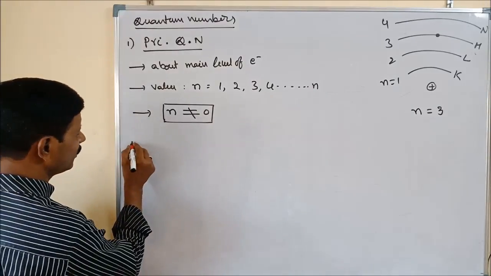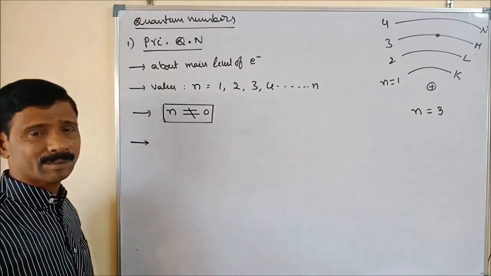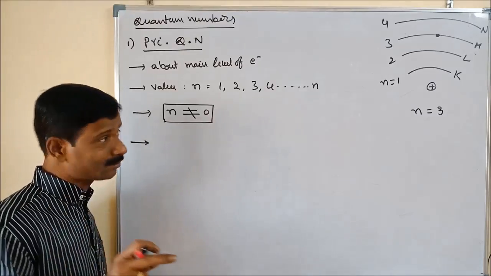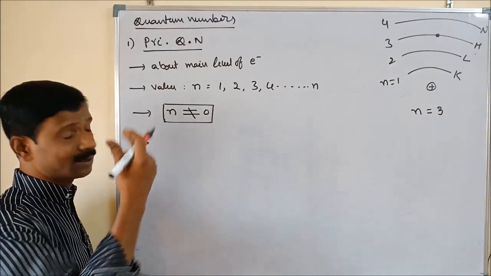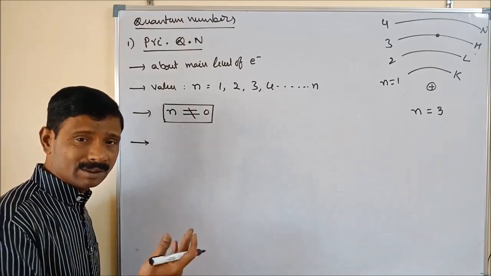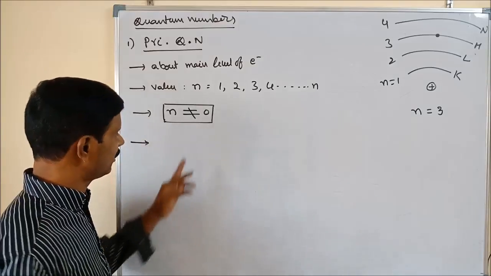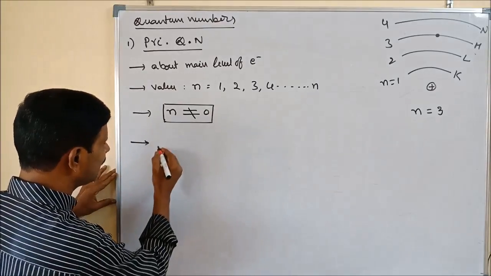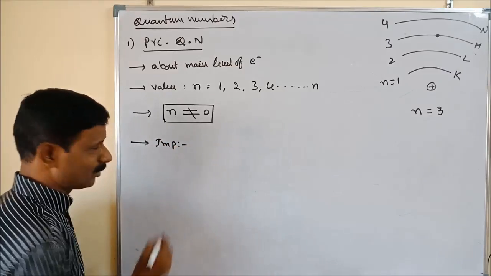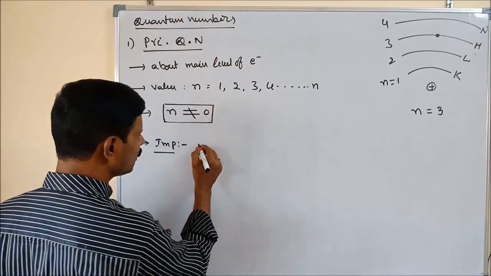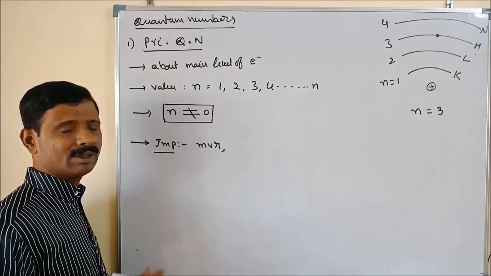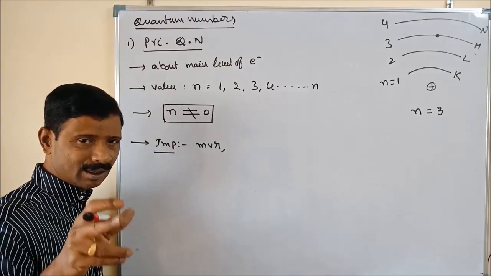Now, the importance of this principal quantum number: in Bohr's model we used it to calculate the radius of the orbit, the energy of the electron, velocity of the electron, angular momentum, number of sublevels. Everywhere we are using this n value. We use it to find the angular momentum of the electron, which equals n into h by 2 pi, already you know that.